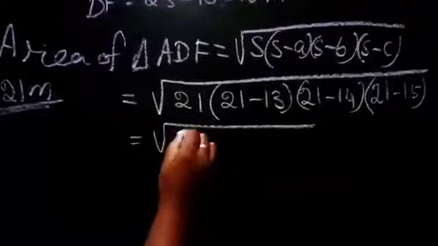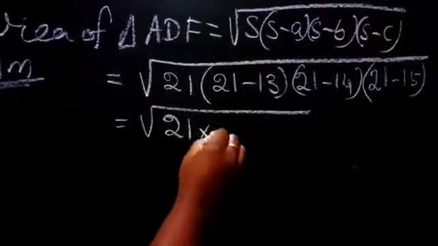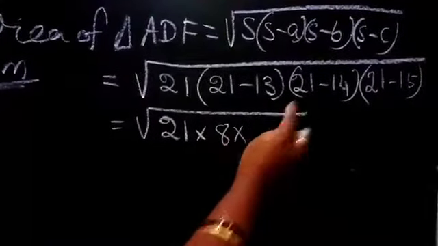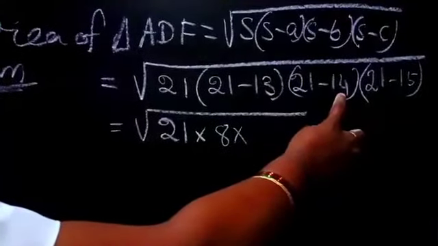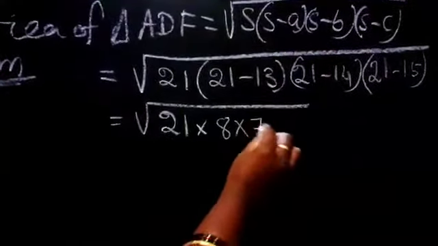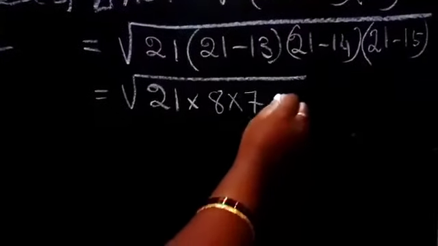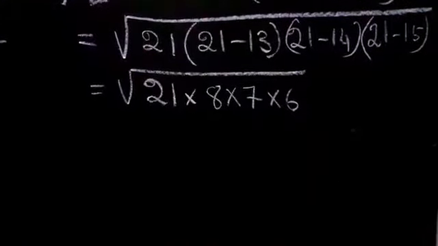Square root of 21 we have here. 21 minus 13 is 8. 21 minus 14 is 7. 21 minus 15 is 6.